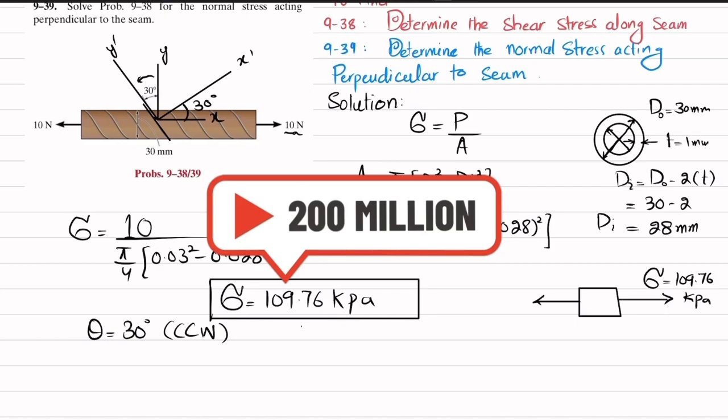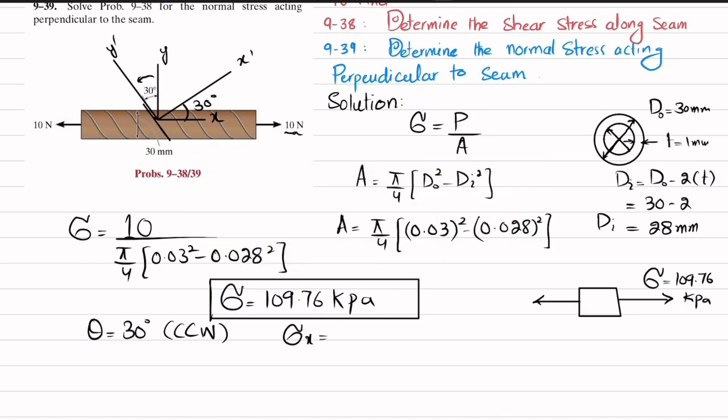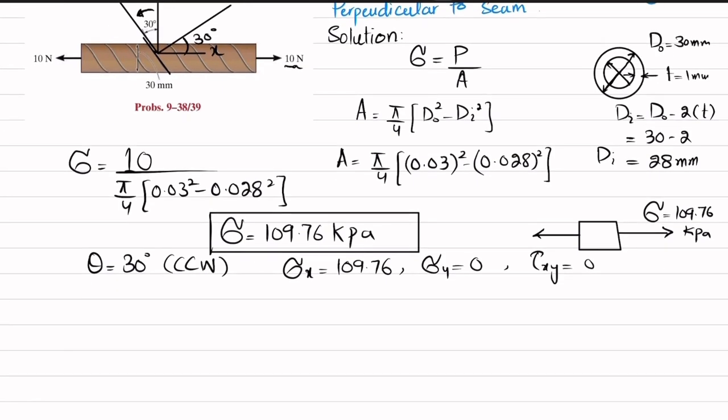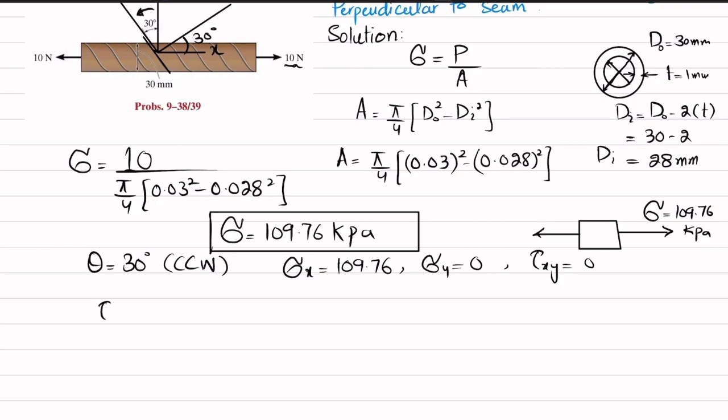Here you have sigma x equal to 109.76, sigma y is 0 because there is no normal stress in the y direction, and tau xy is also 0, there is no shear stress. We take theta as 30 degrees counterclockwise to find the transformed shear stress, with the formula tau x dash y dash equals minus sigma x minus sigma y divided by 2 into sine 2 theta plus tau xy cos 2 theta.